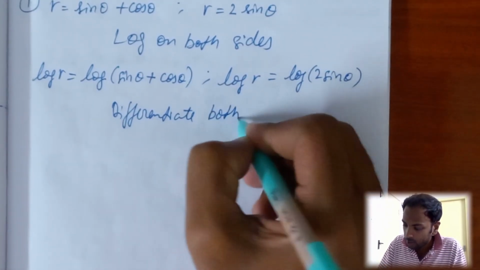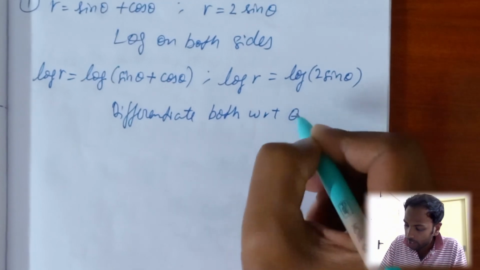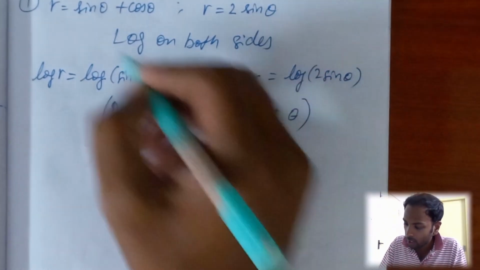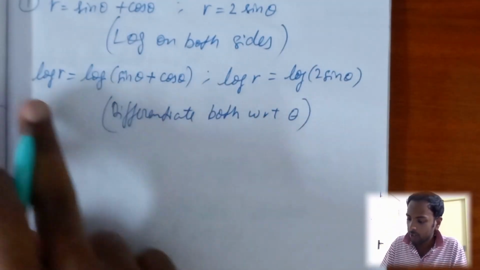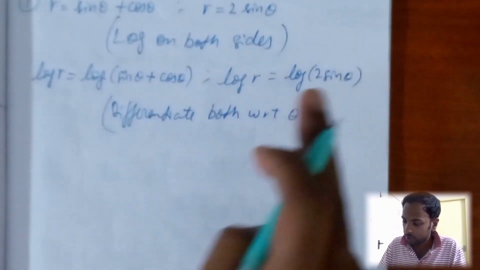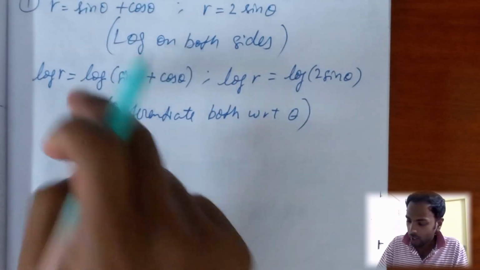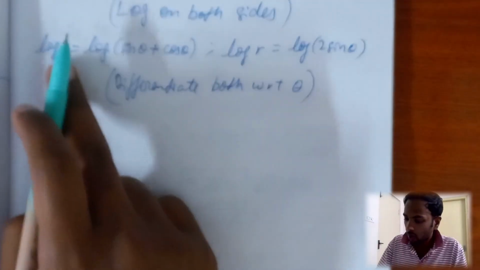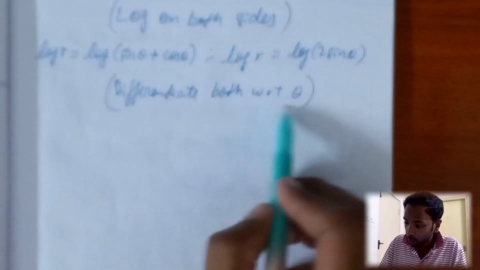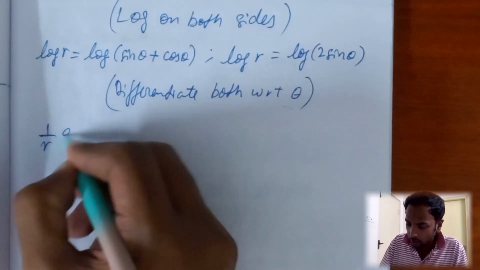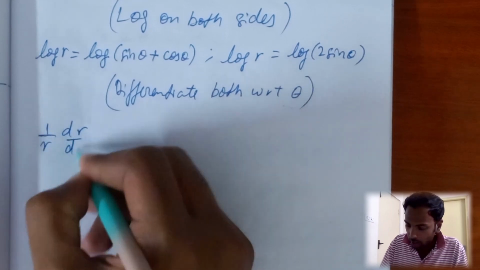Differentiate both sides with respect to theta. This is very important. Differentiate both sides for both the equations. Okay. Come here. Let's differentiate this. Differentiation of log r with respect to theta is 1 by r into dr by d theta.